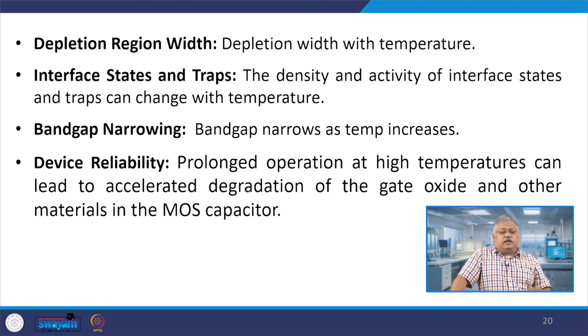Then the density and activity of the interface trap charges, how much density per unit area, and activity means the trapping and detrapping process, depends upon the temperature, right. The band gap narrowing happens as the temperature increases. This is also a very interesting phenomenon, that the band gap Eg, which is there between the conduction band and the valence band, narrows down as the temperature increases, right.